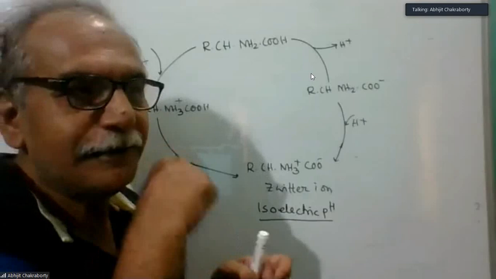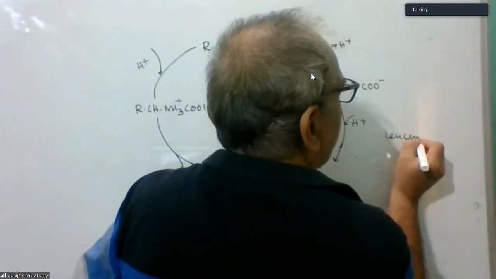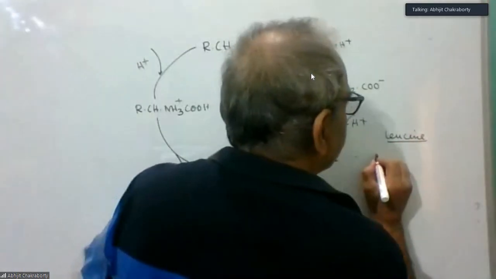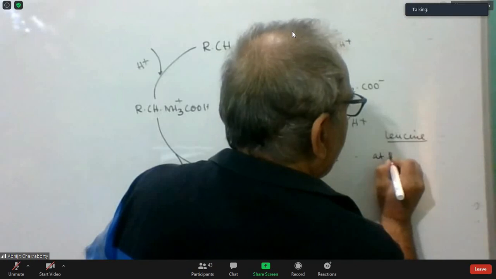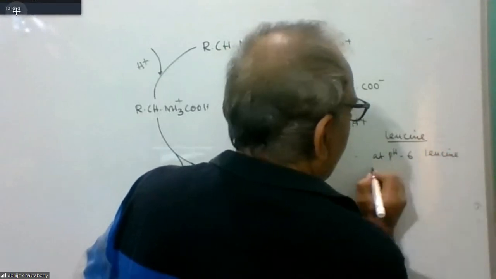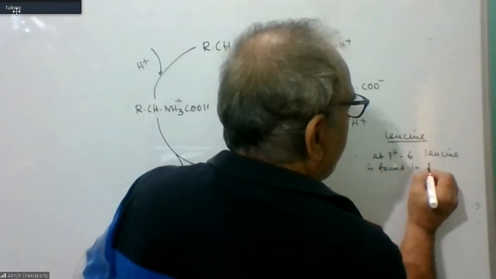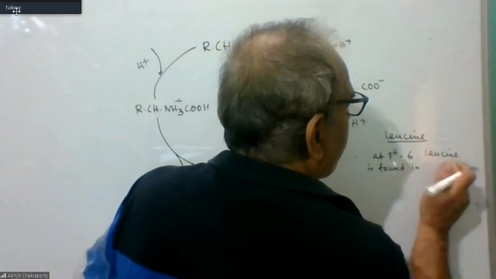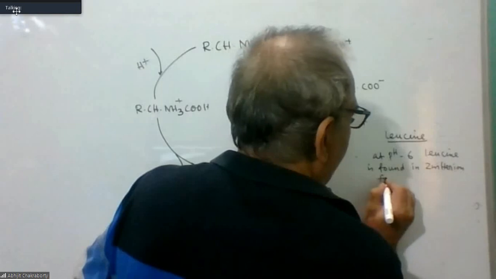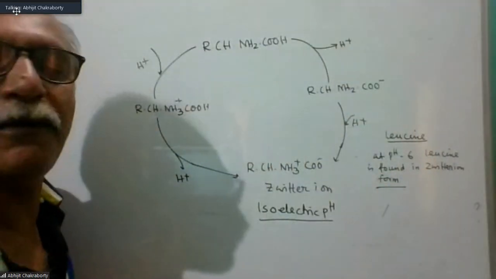Suppose leucine, one amino acid. At pH 6, leucine is found in zwitterion form.